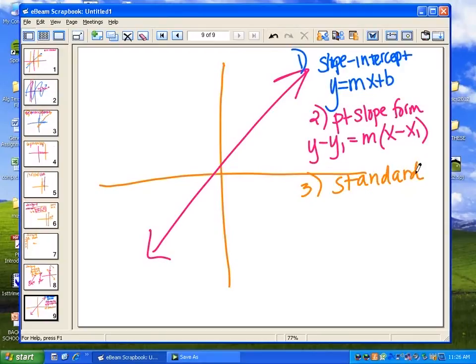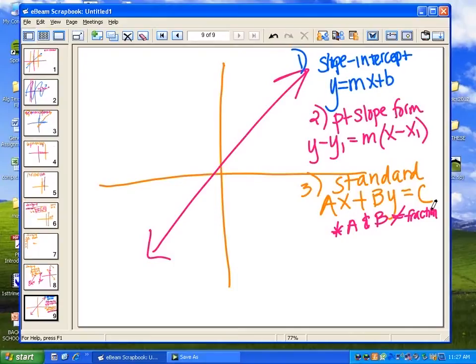And the equation is? Who knows? Andrew? Ax plus by equals c. And what do you have to remember in this form? What do you have to remember, Jared? That A and B can't be fractions. A and B are not allowed to be fractions. Okay? So we can use any of these 3 forms or equations of the line to graph it.